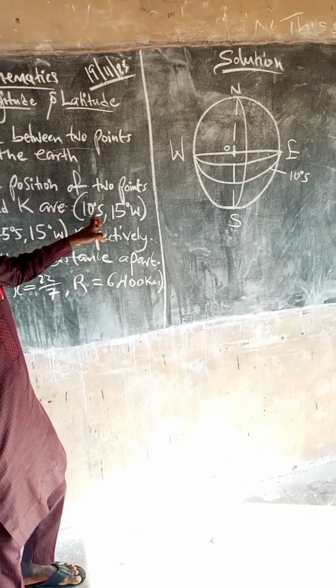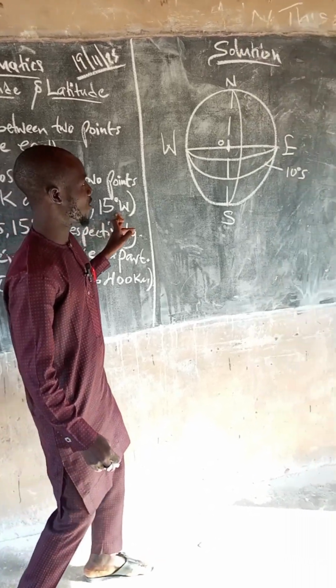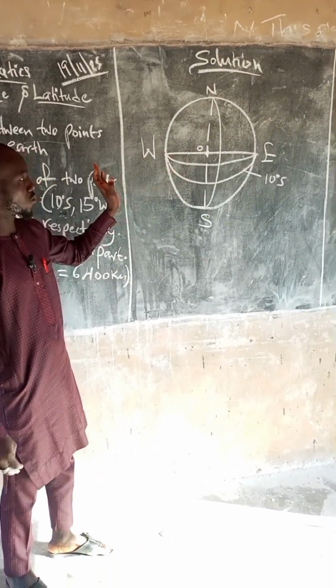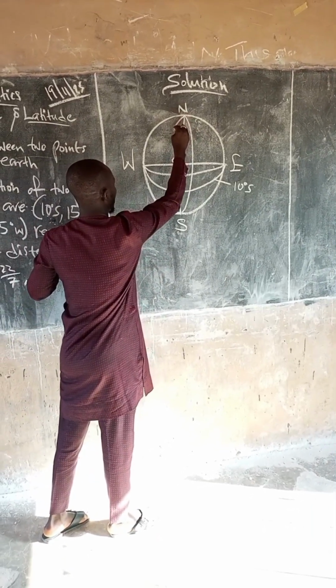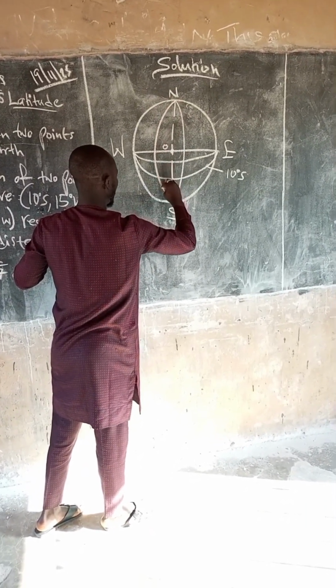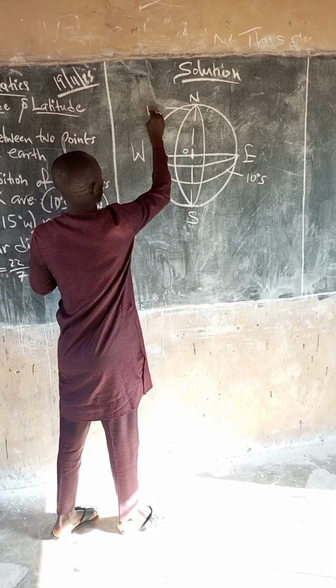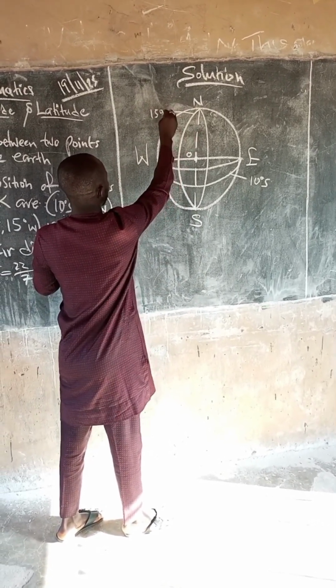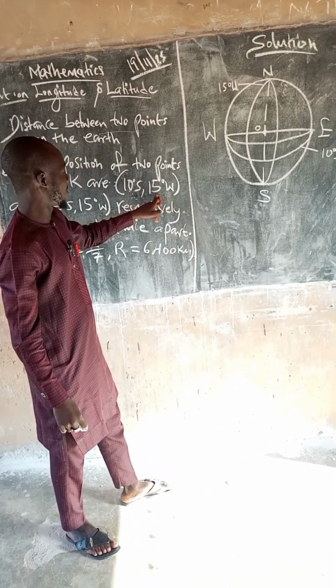Then the next one is 15 degrees west. Since it is 15 degrees west, we know that our longitude works towards this direction, so we have to get our longitude from this direction to this, and we call it 15 degrees west.